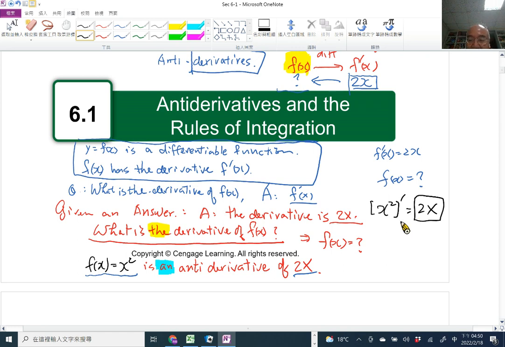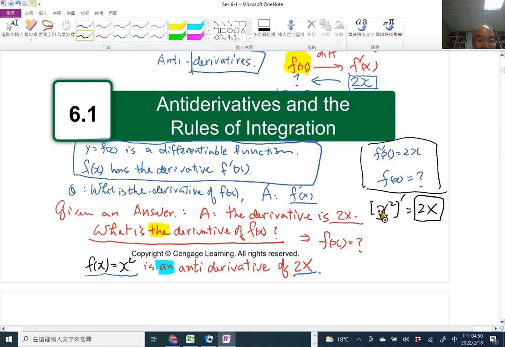So for the question we ask here, if the derivative is 2x, then f of x must be x squared. And we might wonder, is this the only solution or not? But basically we know this is at least one of the solutions. And we name this function an antiderivative of the function we were given in the very beginning.